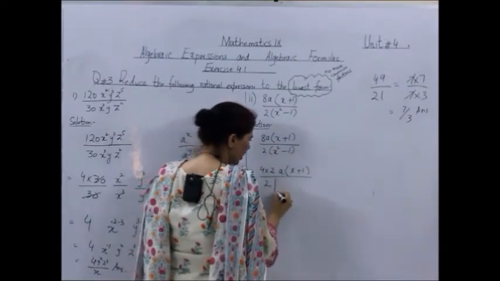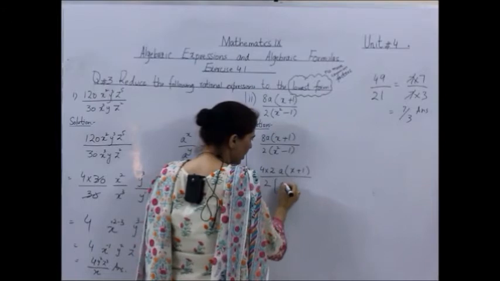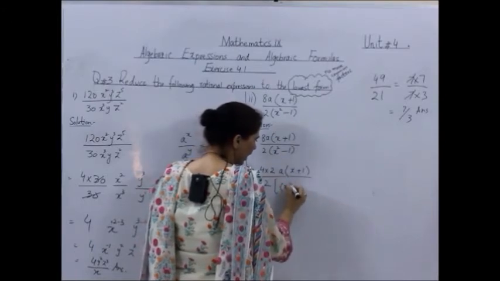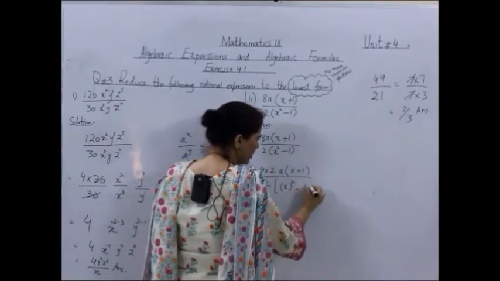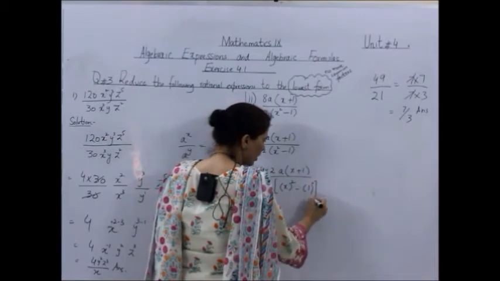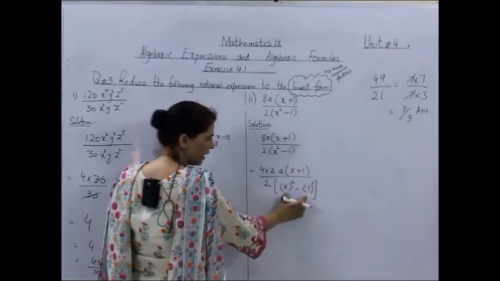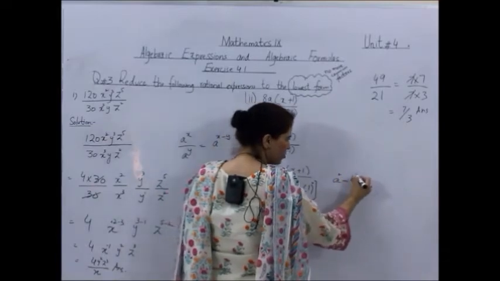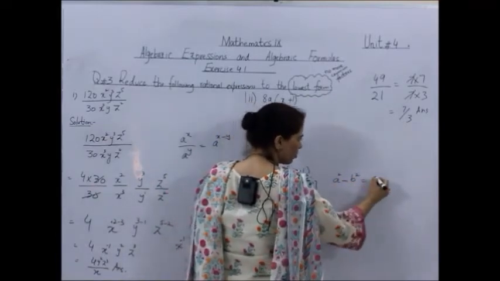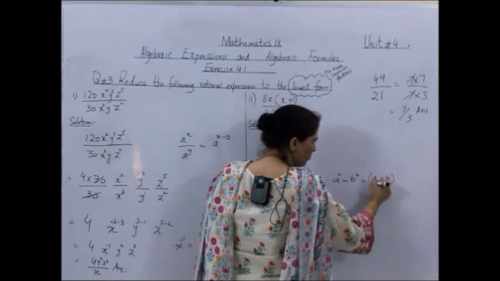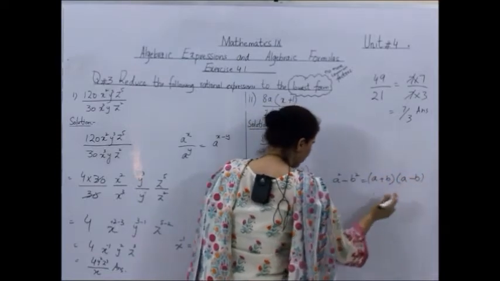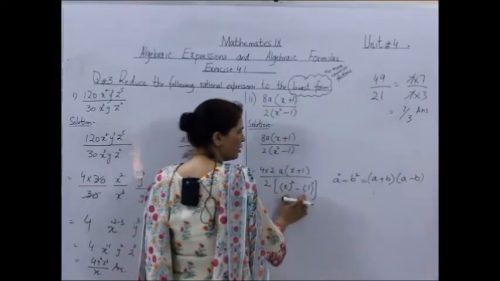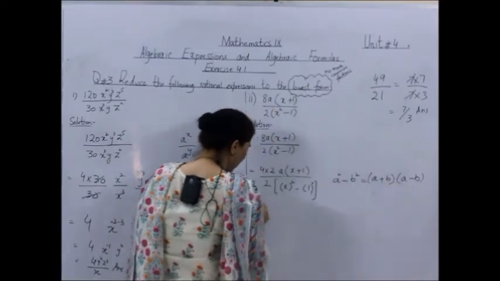But if you see, in your previous classes, x square minus 1 we will apply the a square minus b square formula, which is equal to (a plus b)(a minus b). This will be reduced into a plus b, a minus b.